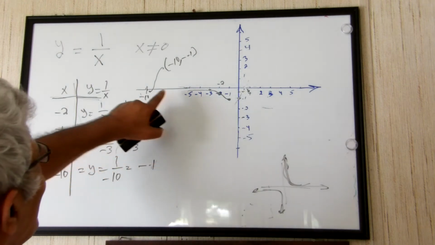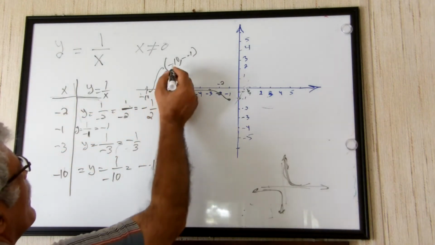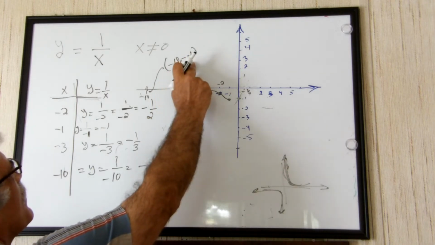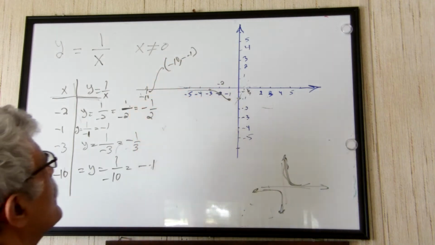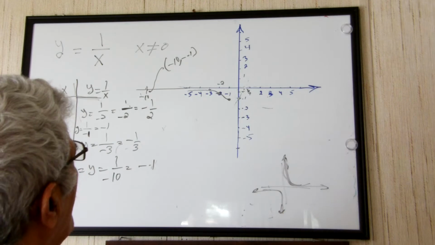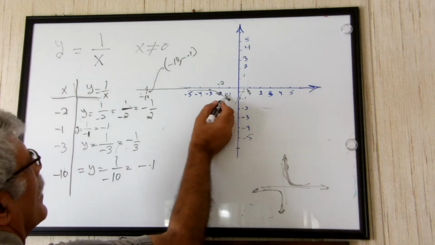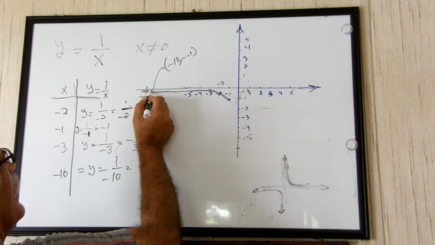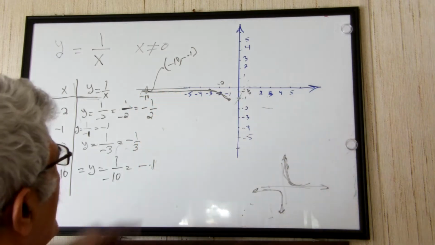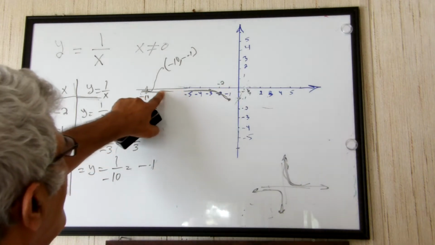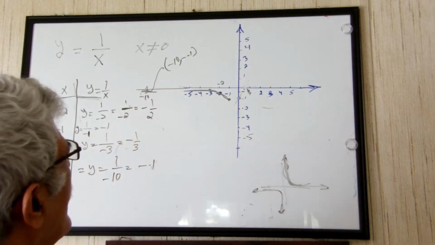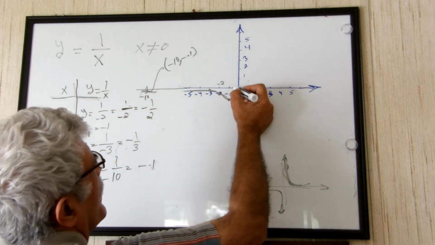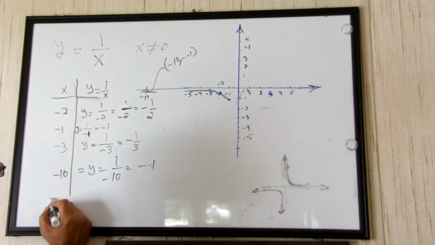So it's getting smaller, and if you give a big number, this is going to be much smaller, so it's going to get to 0. At infinity it gets to 0, but it's going to be less and less every time, you know. Let's find another point here, minus 1 over 2.